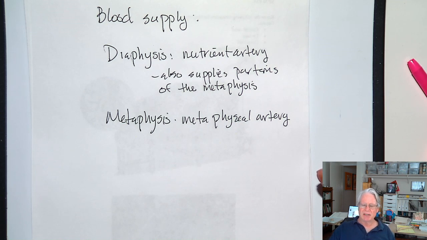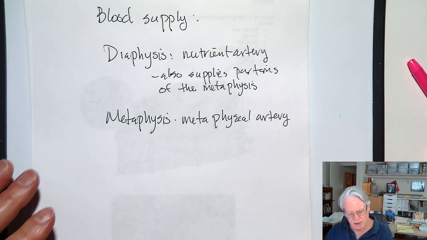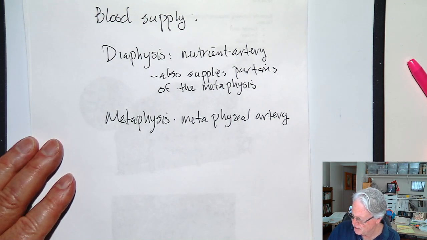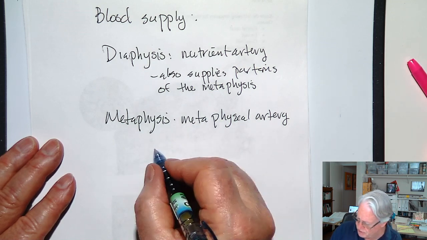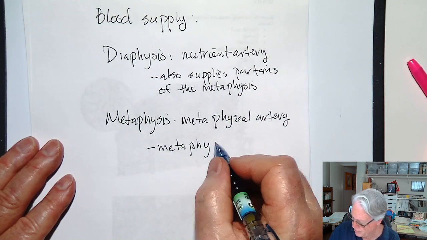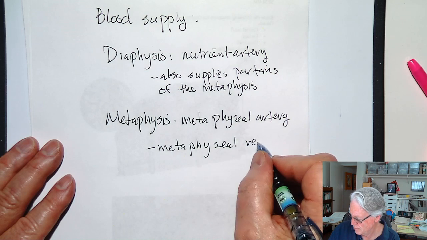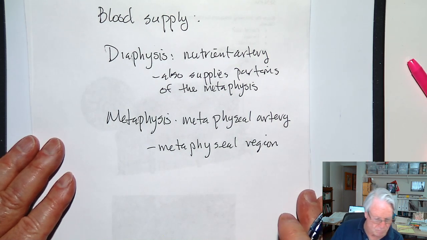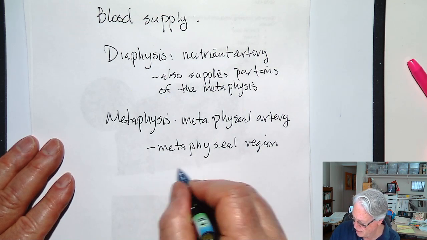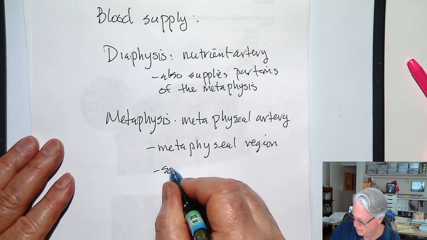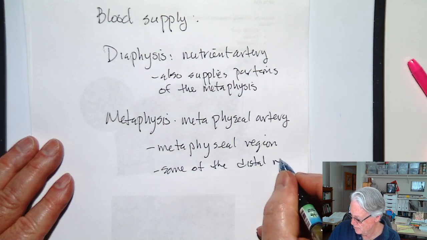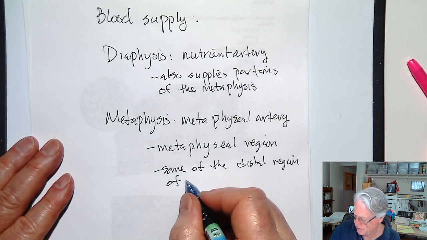Maybe not the same exact name all the time, but they will be traveling together. And the metaphyseal artery is going to supply the metaphyseal region, and some of the distal region of the diaphysis.